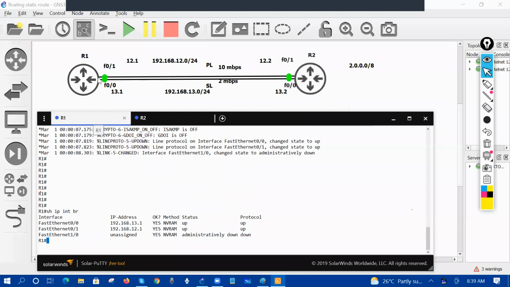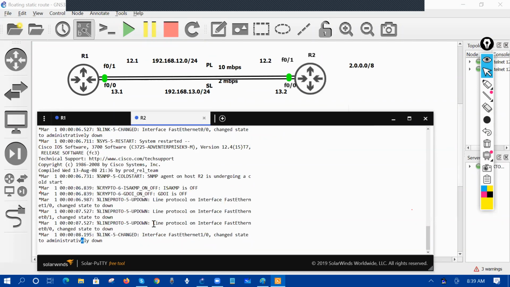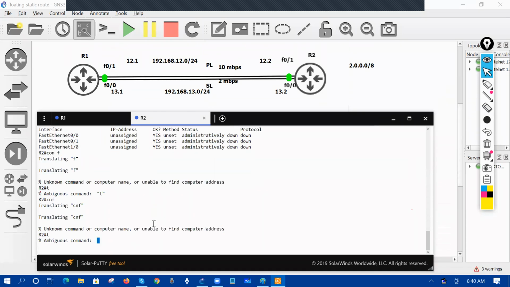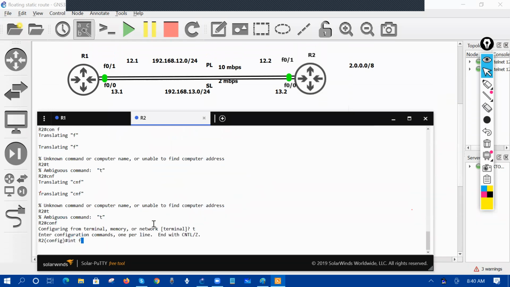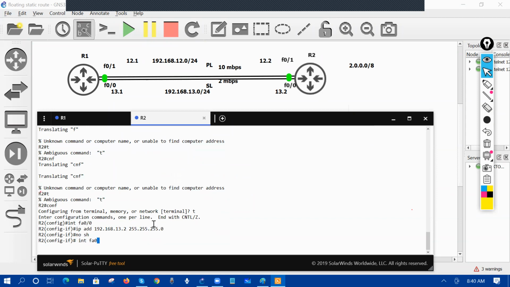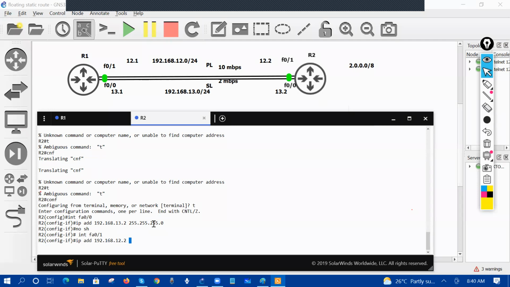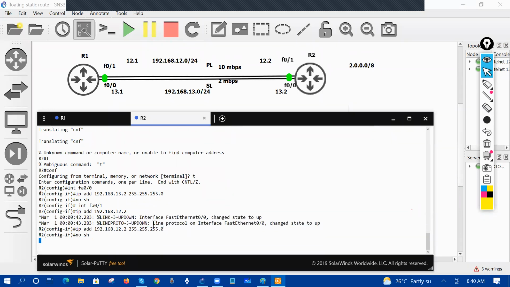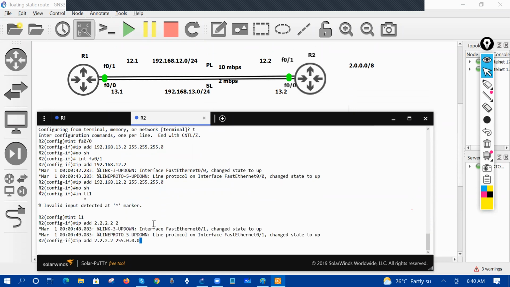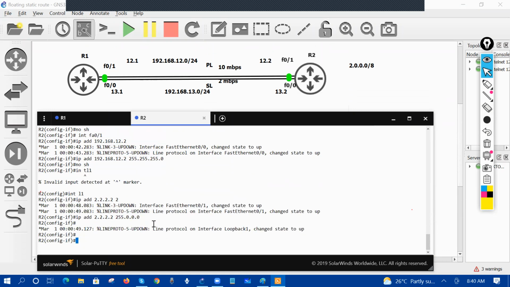If you see FastEthernet 0/0, we have 2.1, and the other is 30.1. Awesome. On router number 2, it must have one loopback. Okay, they don't have any IP address. Let's configure it. All done. Good to go.